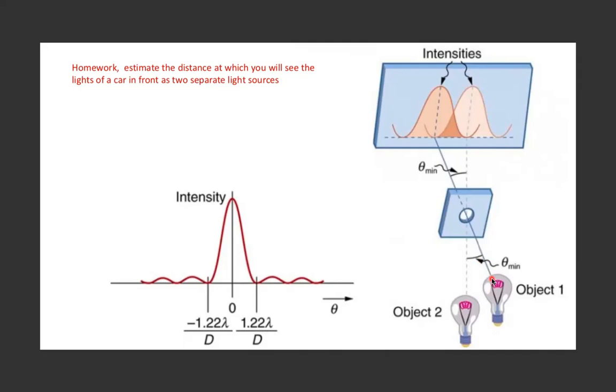So my question is, give me a number: is it 100 meters, 200 meters, 1 kilometer? There are many things that have to be defined. What is the wavelength of light? What is the separation of the light sources? And what is the size of the pupil?